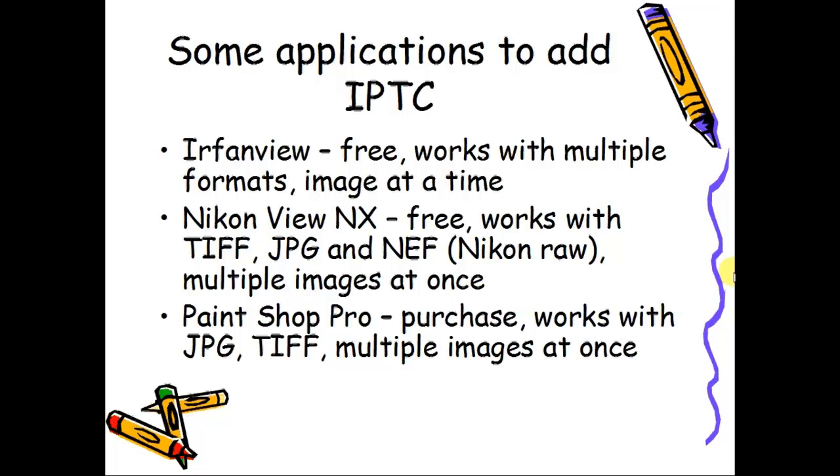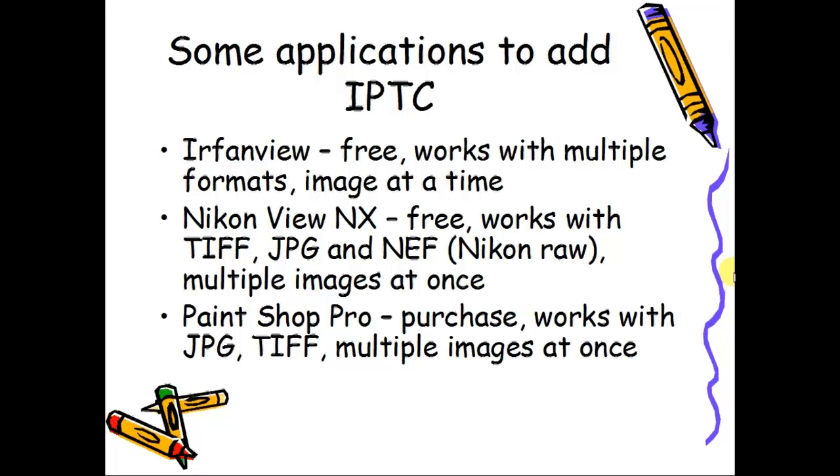Nikon View NX, which we just saw earlier, comes with Nikon cameras. Actually, you can download it from their website free. It works with Nikon RAW files, but it also works with TIFF and JPEG. PaintShop Pro, a lot of the people in the digital imaging group have PaintShop Pro.